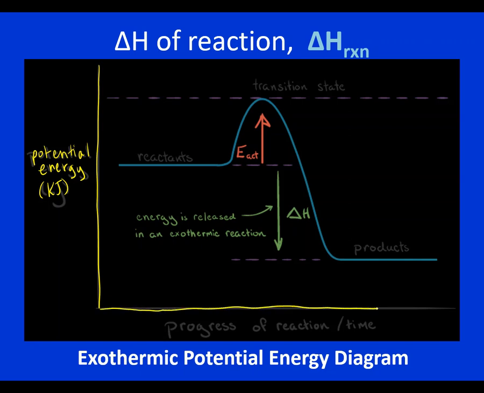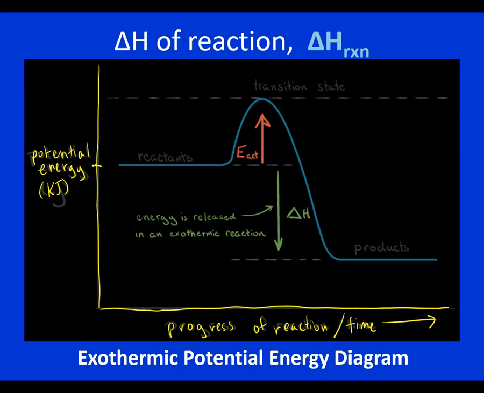Down here on the X, it's going to be the progress of the reaction. Or sometimes you might just see it written as time and it has an arrow pointing that way. So the progression of the reaction, as time goes on, this is what's happening.